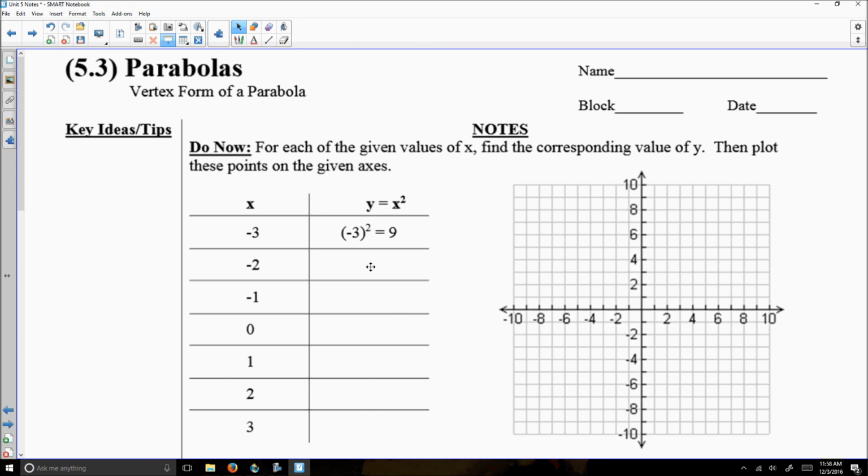Okay, hopefully you've gotten each of these values. So now the graph of y equals x squared should be the curve which connects each of these points. And you may notice that it follows a parabolic shape. So let's draw in our parabola by connecting these points with a smooth curve.